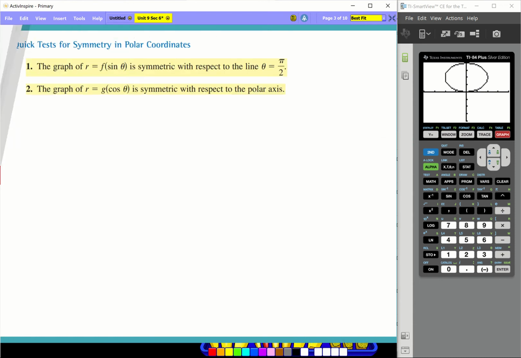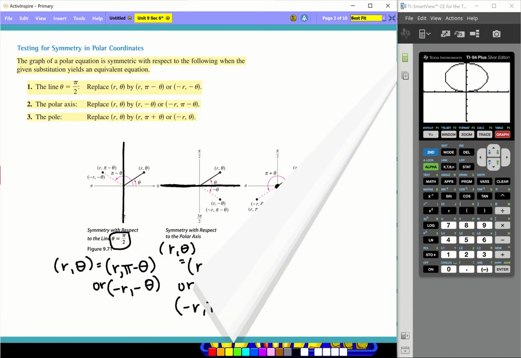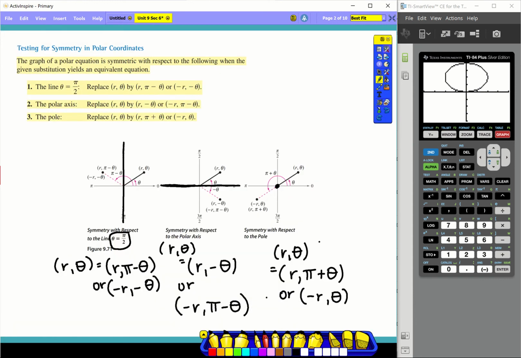Let's have a look. I'm going to actually do a quick example of that previous one. So let's say we have r equals 2 sine theta. Now how I would do this is I would just go down the list. So my r would be replaced.